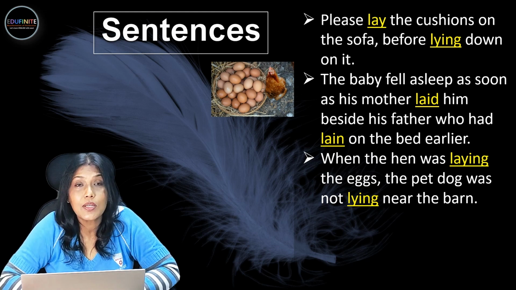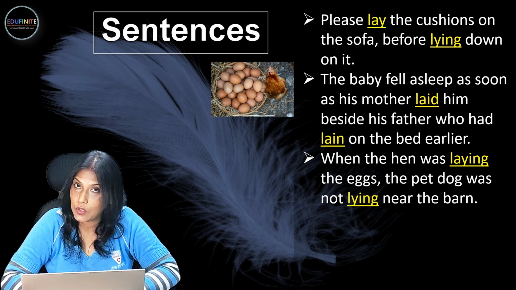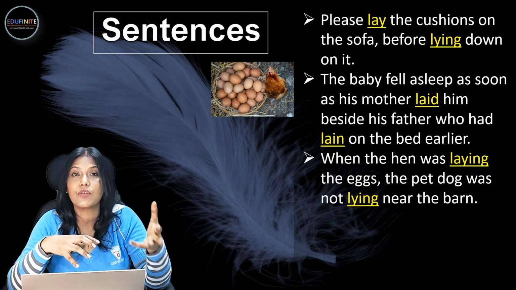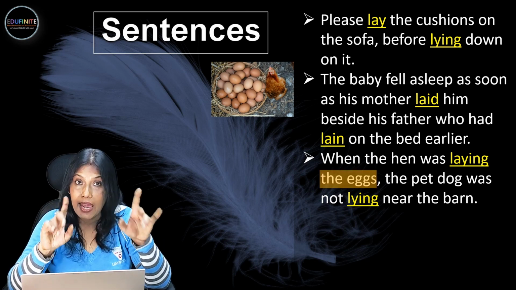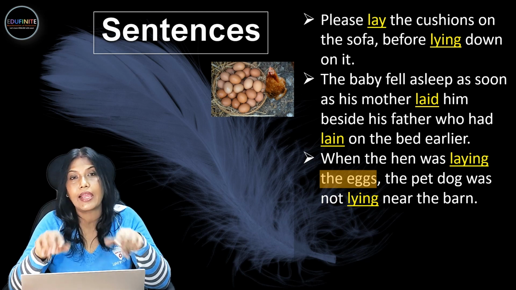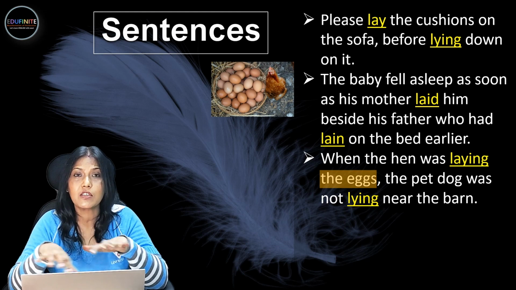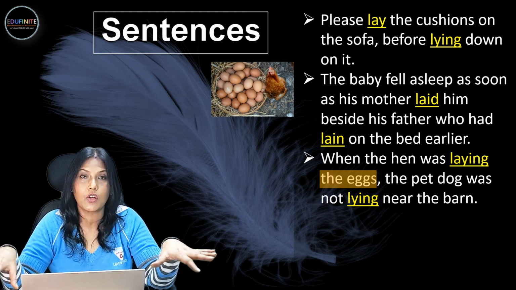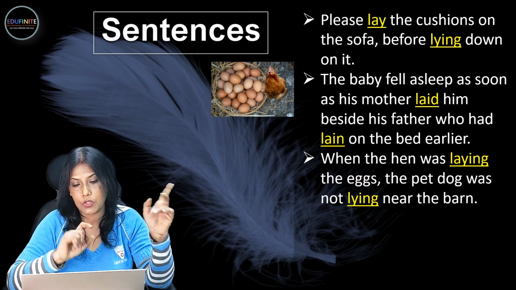The next one. When the hen was laying the eggs. So as I told you, another meaning of laying is associated with the birds laying eggs. When the hen was laying the eggs, the pet dog was not lying near the barn. So that means the pet dog was not in the reclining position. It was not lying near the barn. It was not there.